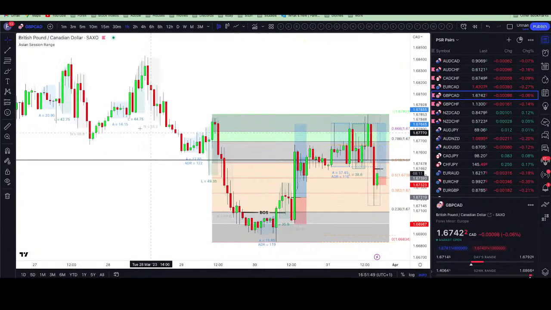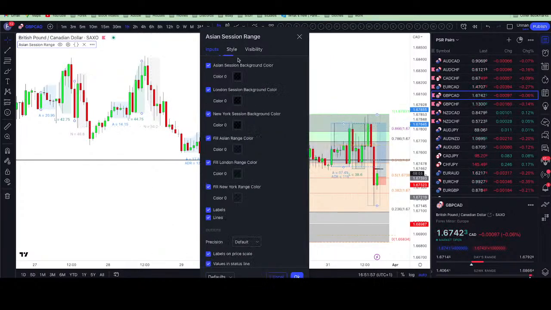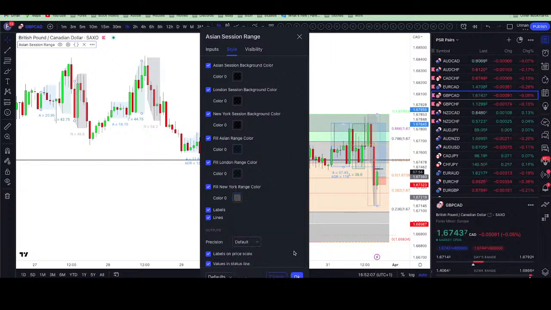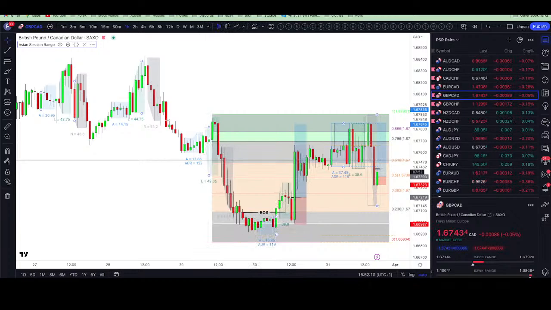Trying to see how often it moves outside the New York box. You can see some movement outside the New York box. Let's change this. I can't see this. Yeah, you can see some movement. GBP CAD does move outside the New York box.